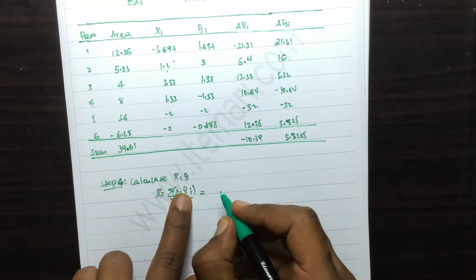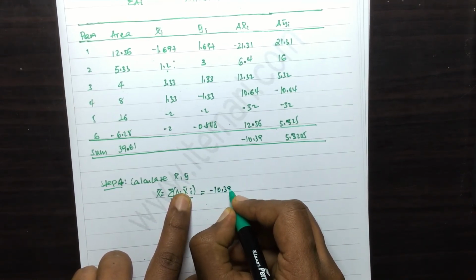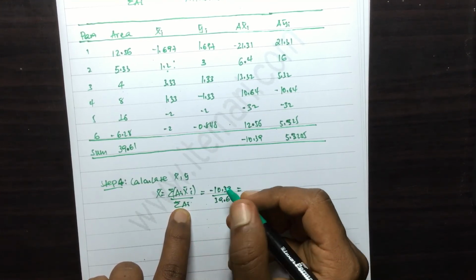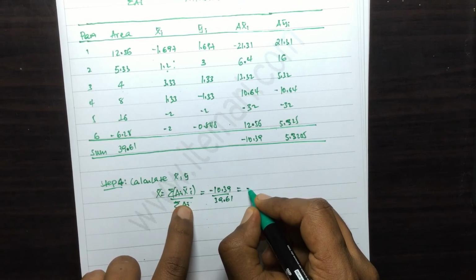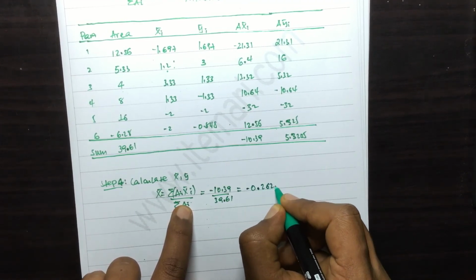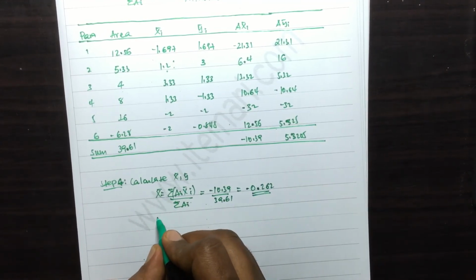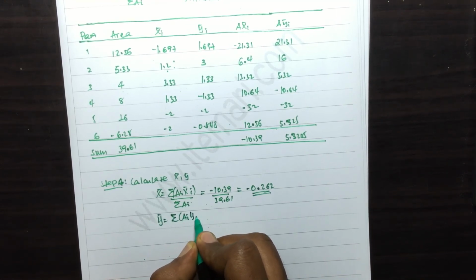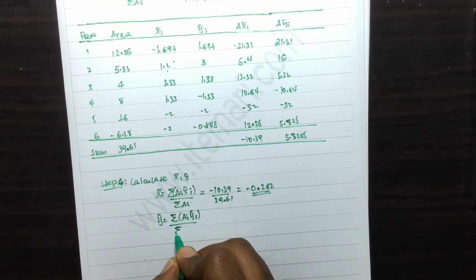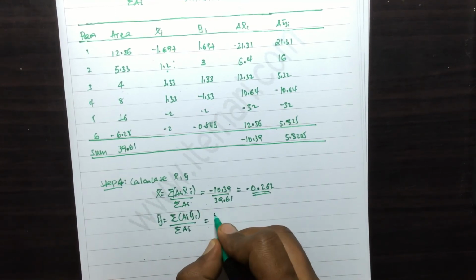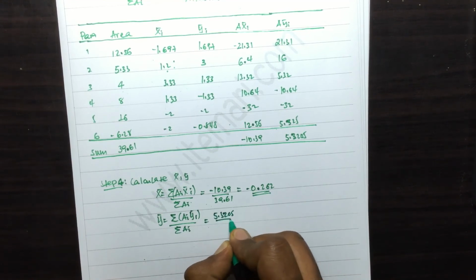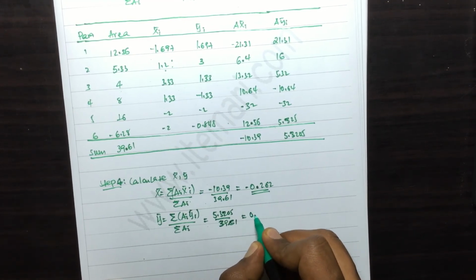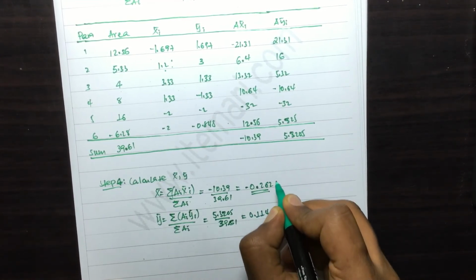Then 10.39 over our area 39.61, so x bar will be negative, minus 0.262. And y bar is equal to the summation of individual ai y bar i over the summation of ai, which will be 5.3205 over 39.61, so it will be 0.114 meter, and this is also in meters.